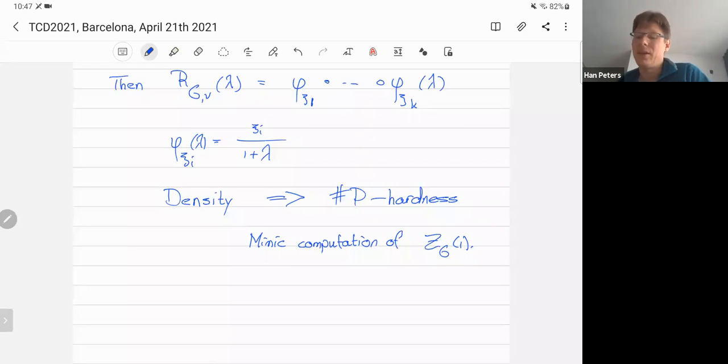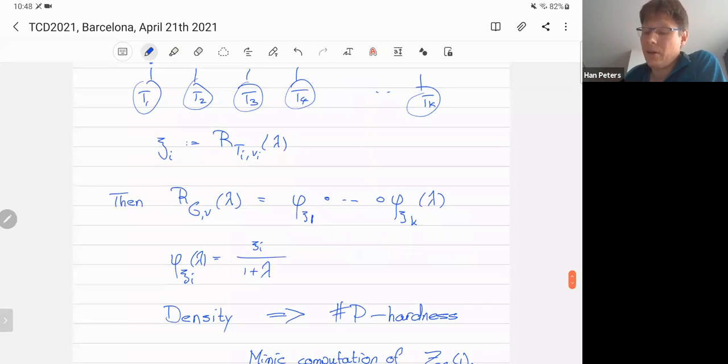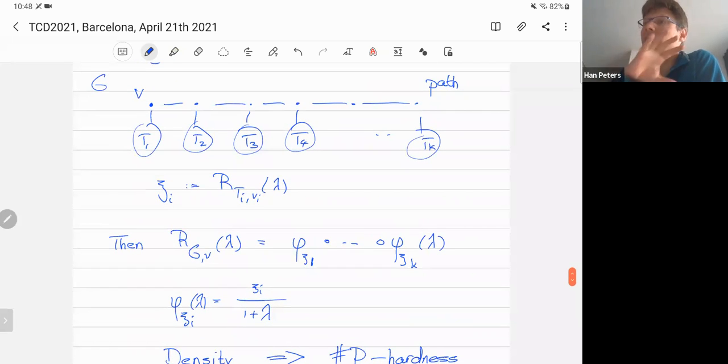So if you have density and you can approximate the values of your rational functions well, then you can also compute the number of independent subsets. So that's another step in the proof. But really, this implementation in paths comes back many times.